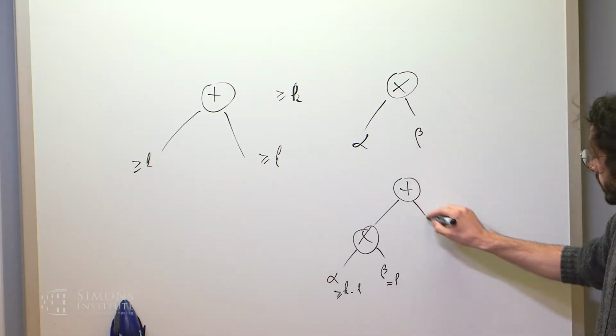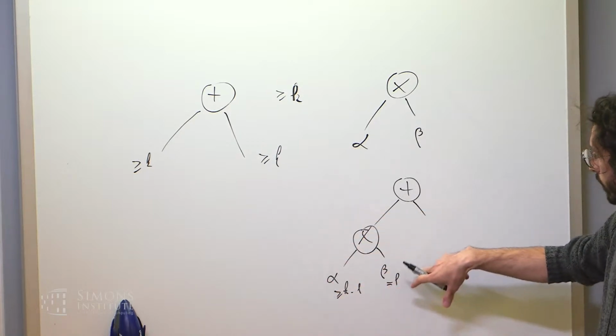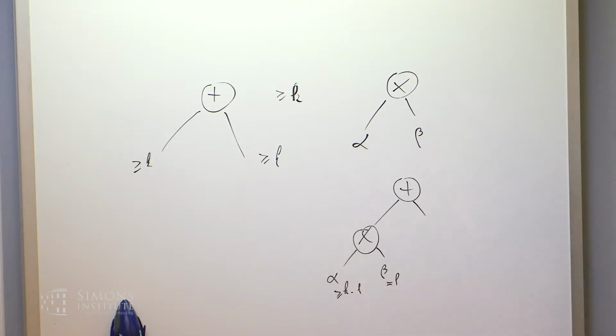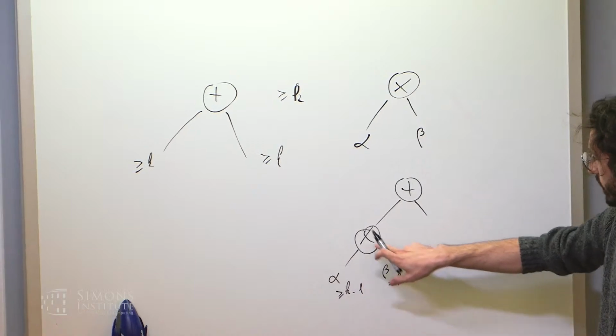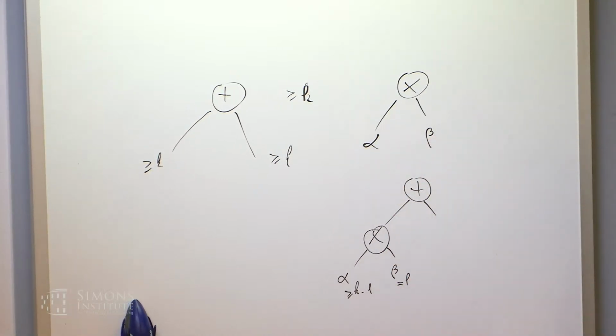And so basically you need to create one new node per value between zero and k. And this time this product is decomposable because this one was decomposable.